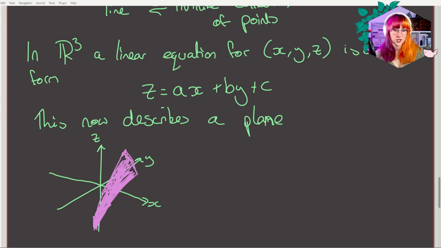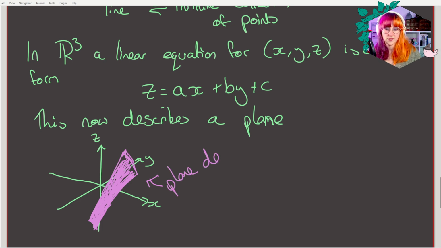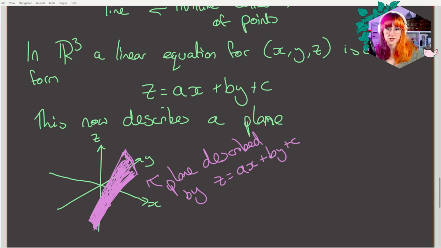But if you think of it as just a slice through space, one really thin flat sheet, the plane described by z is ax plus by plus c. So it's a flat sheet.